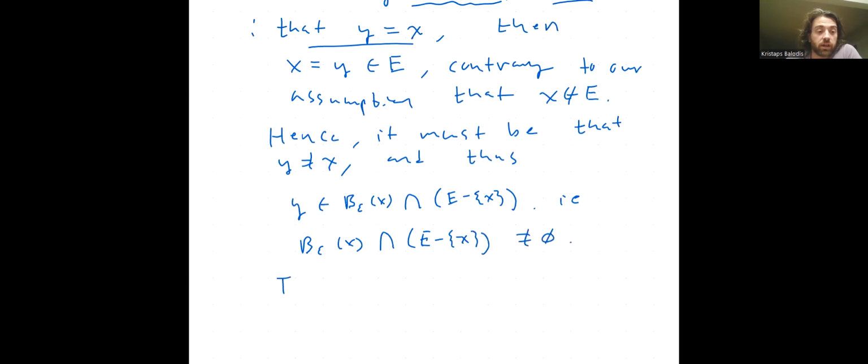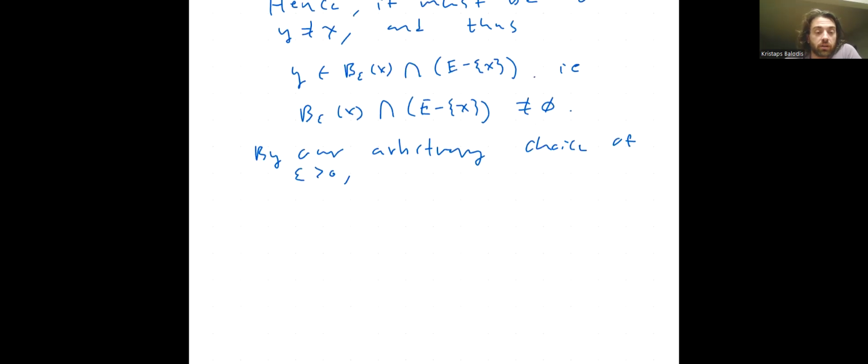Therefore, or we could even say, by our arbitrary choice of epsilon greater than 0, we see that x is in fact a limit point.